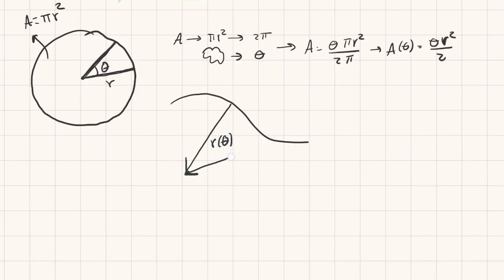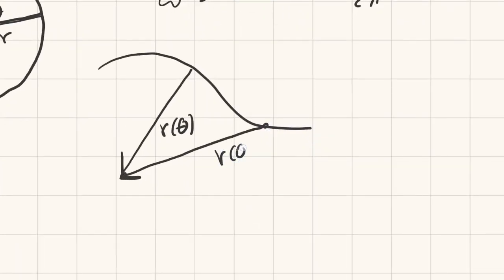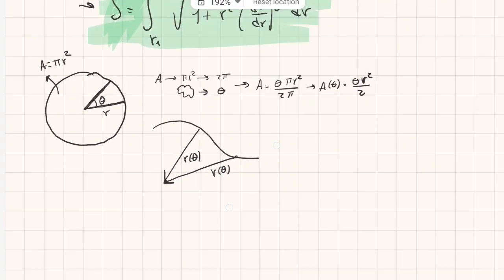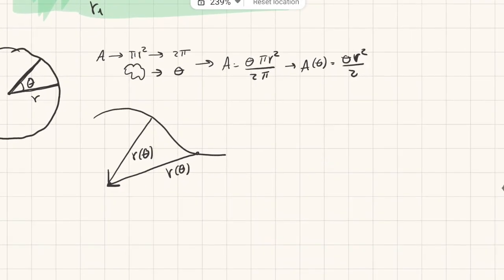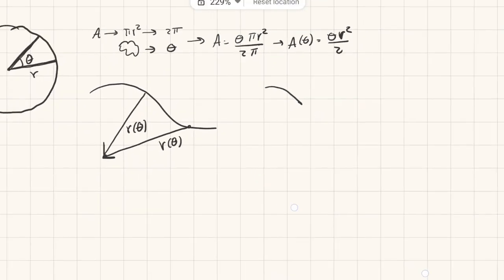And then we can have maybe a different point for a different angle, r of theta over here, right? So we can think of an infinitesimal piece of curve like this that can be measured with an r of theta over here.